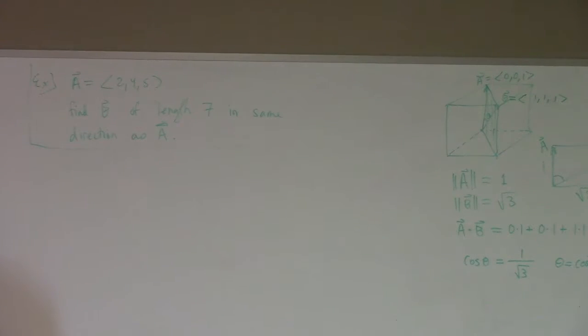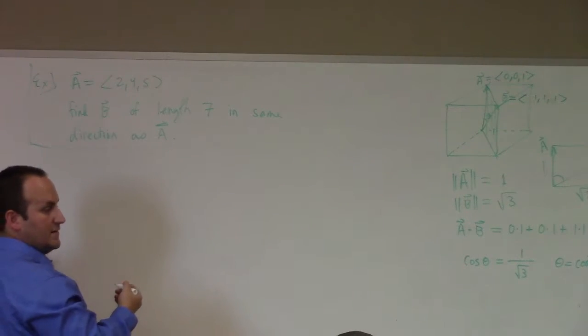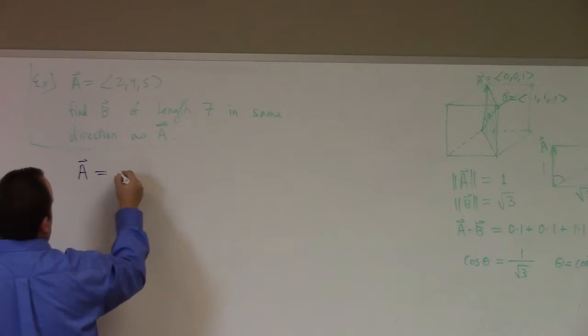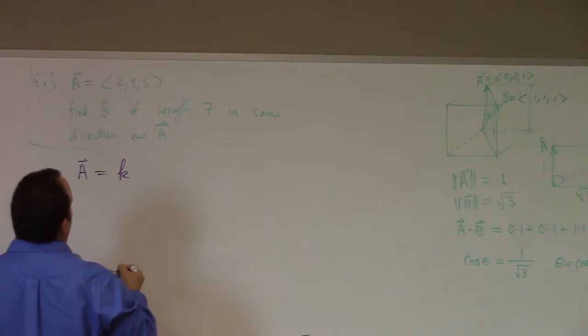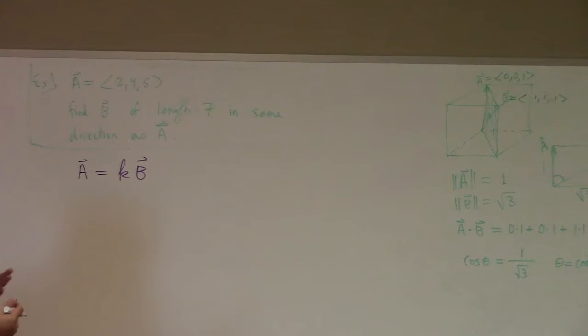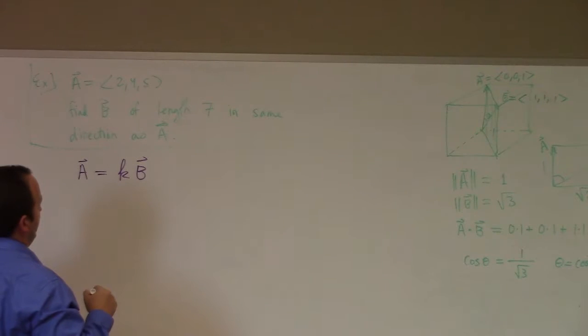There are kind of two approaches to this. Let me show you how a mathematician would probably approach it. Something like this. You'd say, oh, well, if they're in the same direction, that means I can write an equation like A is equal to some constant K times B, right? Or maybe, something like that.